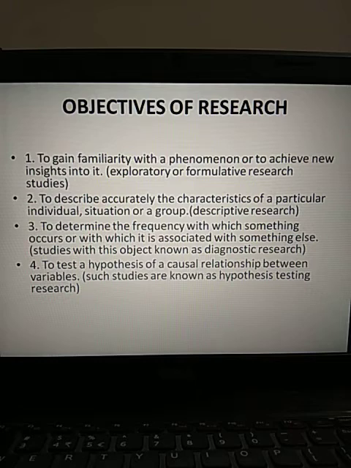Okay. So the things which change, you call them variables. To connect those variables, a wonderful technique is there in statistics. What do you call that? Hypothesis testing. Through the research, we are going to have the benefit of that hypothesis testing, objectives of the research.